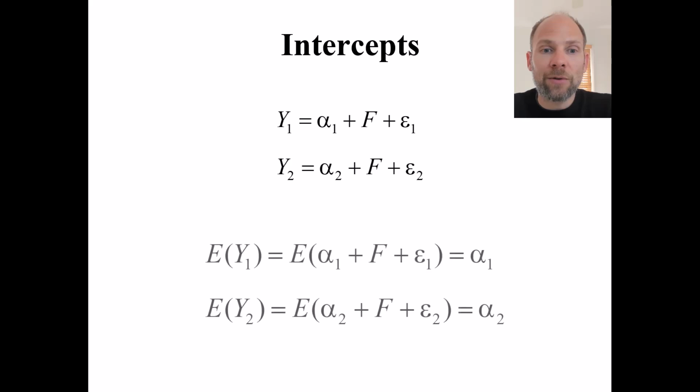And now what we can do is we can take the mean of the sum on the right hand side of each equation. So E here is the expected value or mean. And so when we take the mean of alpha plus factor plus error term, then all that remains is alpha, because the mean of alpha is equal to alpha, so it's the mean of a constant, and the mean of the factor is assumed to be 0 in this model.